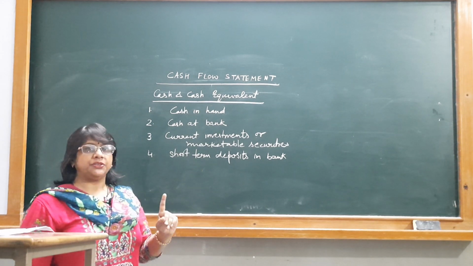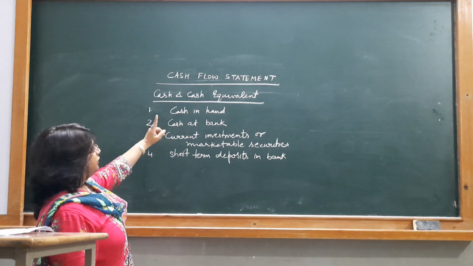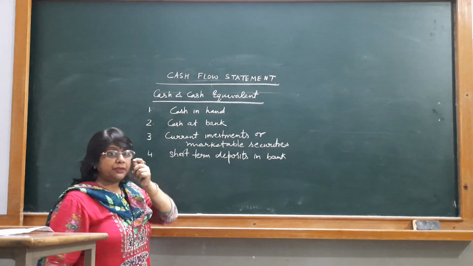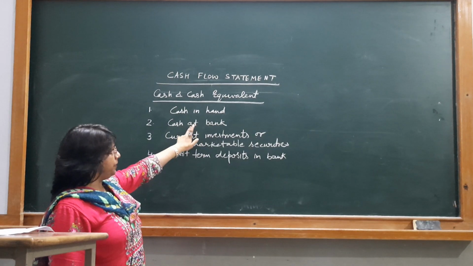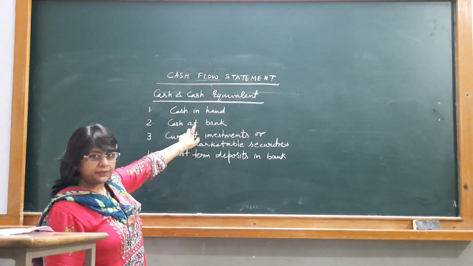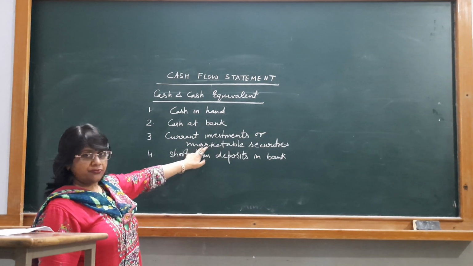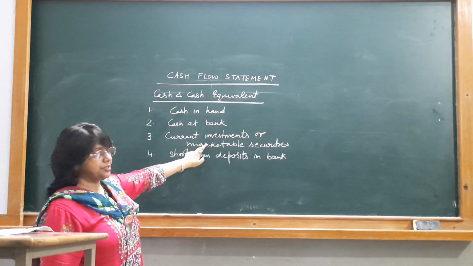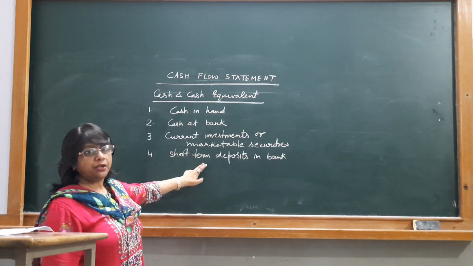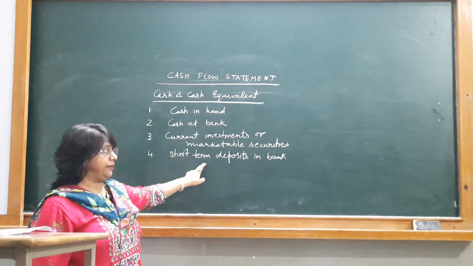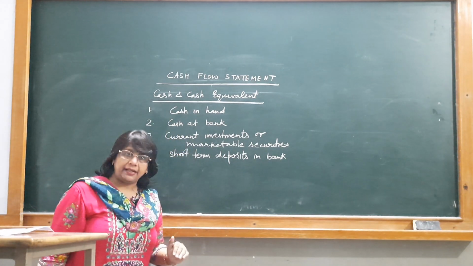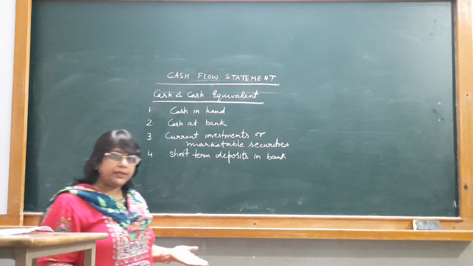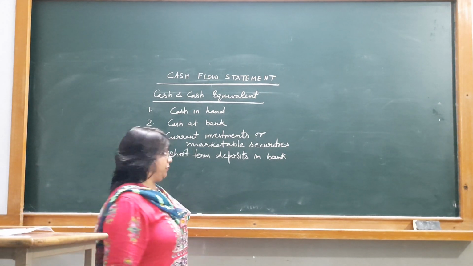So first precaution, don't take the flow of cash in hand only. It includes cash in hand, cash at bank, that is demand deposits at bank, current investment or marketable securities, and short term deposits in bank. So if these are coming, that is called cash inflow. If these are going, those are called outflow.